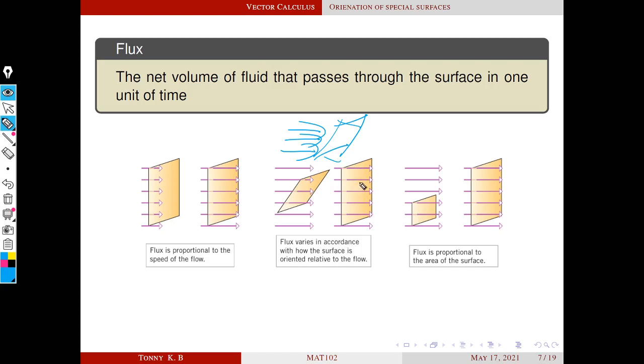If the surface is perpendicular to the flow, then flux is maximum. So flux depends on the orientation of the surface. And one more thing: flux is proportional to the area of the surface. If area is high, then flux is also high. If area is small, then flux is comparatively small. So these are some basic observations about the flux.